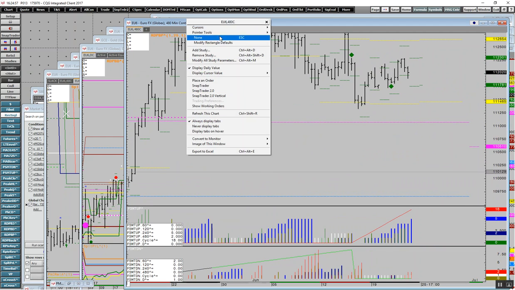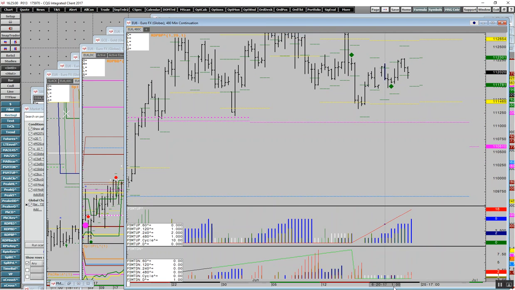We just have a look at the trends across time. As far as the uptrends go, we've got a 240 count at 5 and a 480 minute count at 2, and then on the downside, however, we've got a daily count. So we'd like to see that daily count step up to 2 and start dominating the trend.